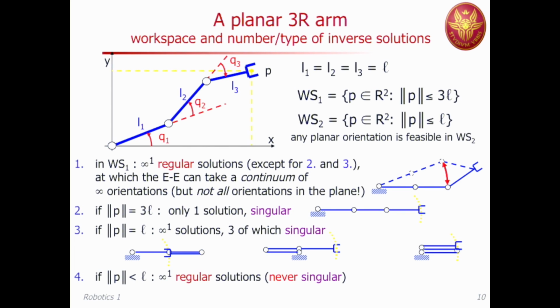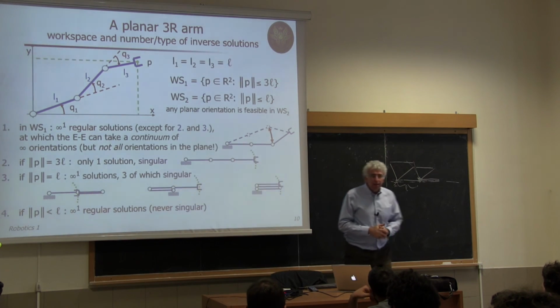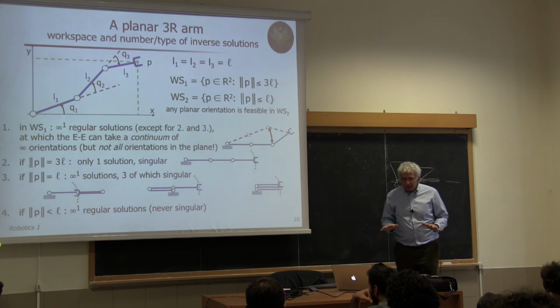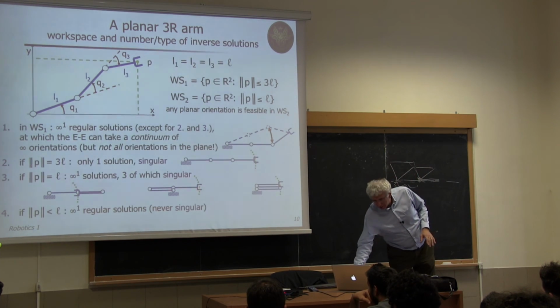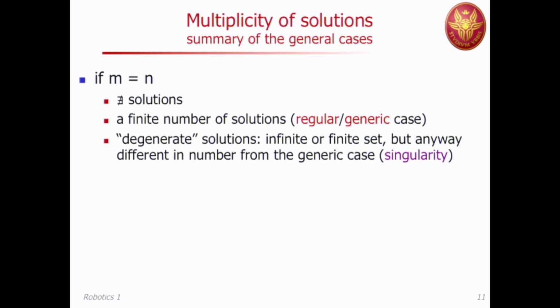This means that you're regular. So you see that even in this apparently simple case, you have so many options that this suggests us to leave this argument right now, and just to summarize things for the general cases.